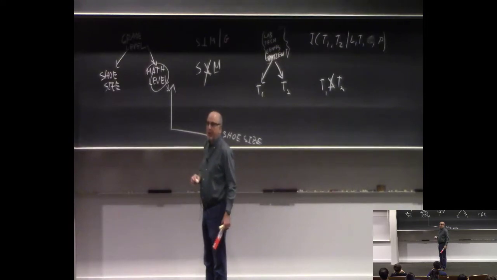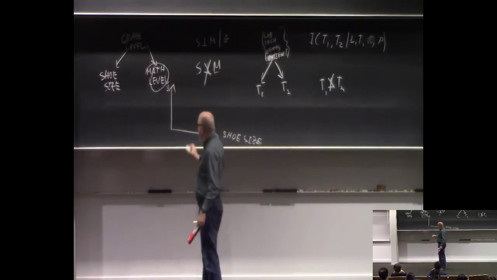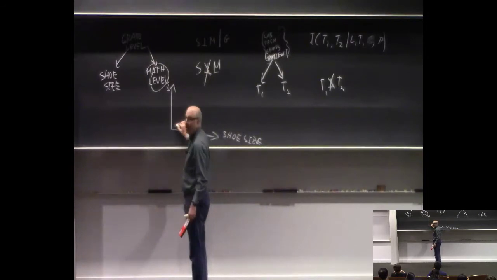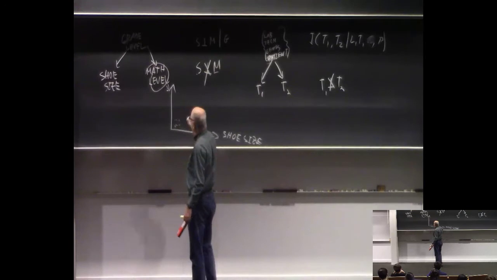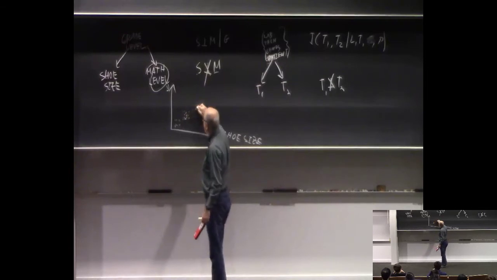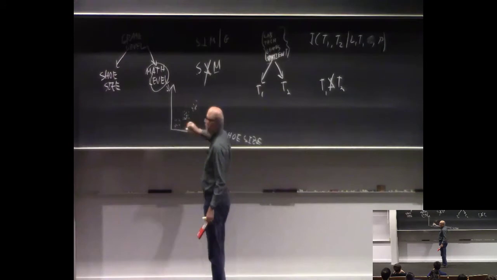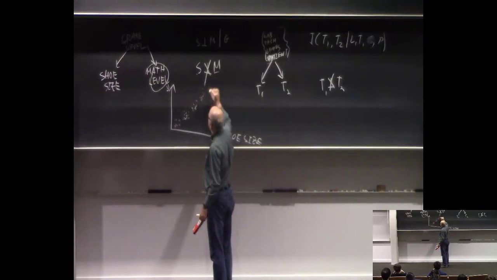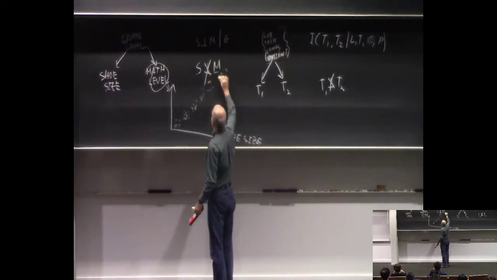Focus for a moment on the kids in kindergarten. The shoe sizes will vary around here, and the math level will vary around here, right? Kids in first grade, the shoe sizes might be here and the math level might be here, and so forth. I'm not suggesting it will be nice blocks, but it will clearly lie along this diagonal. There would be some overlap.